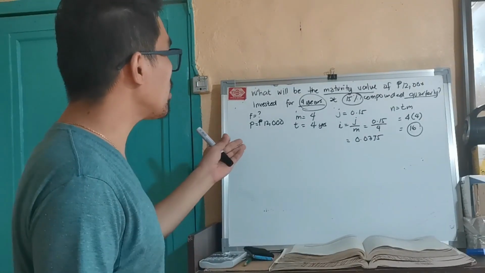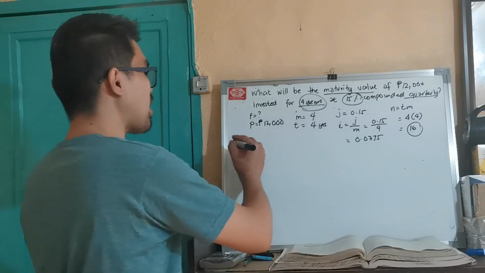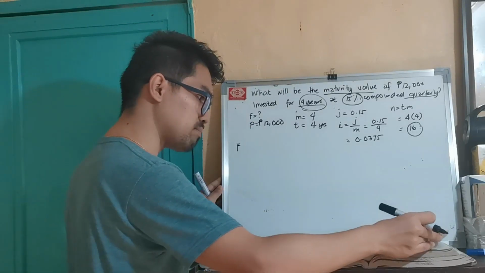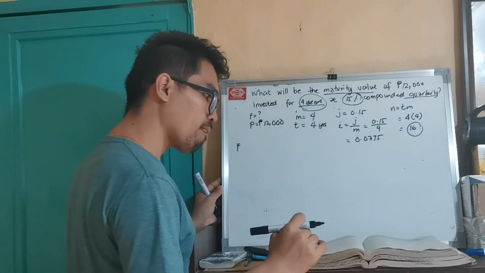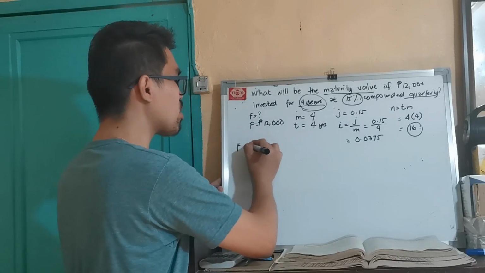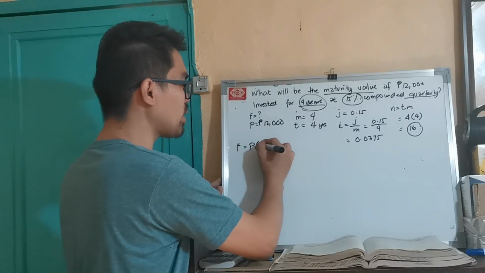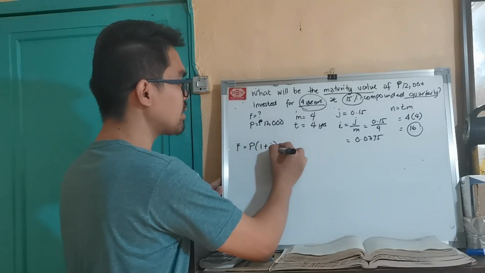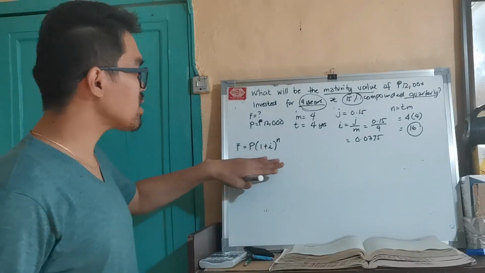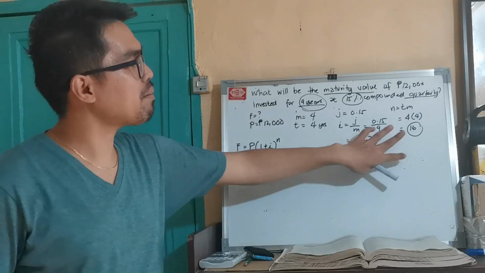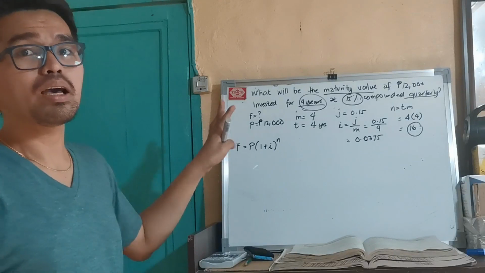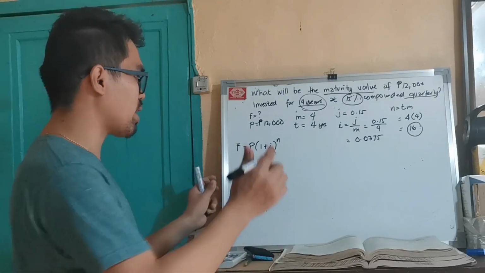First, we will use our formula. Since we're looking for the future value, the formula given to us was future value equals principal amount times the quantity 1 plus I raised to N. That's correct. Anyway, we have identified already our givens, so we simply substitute them in our equation.